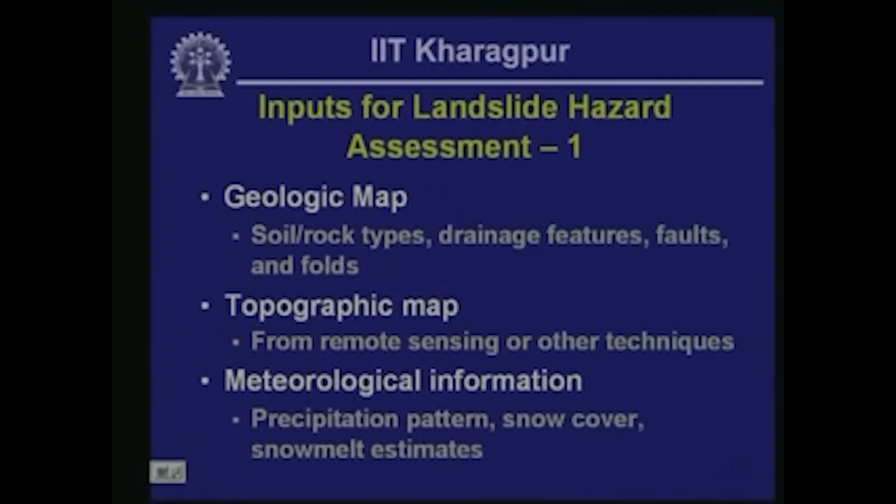And often what happens is that these areas are not instrumented, so you cannot have site-specific meteorological information from all these sites, which could have widely different meteorological characteristics. We also need to look at the snow cover and snow melt estimates from a given area in this respect.